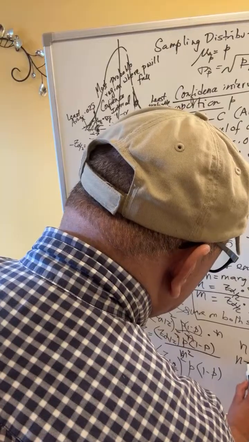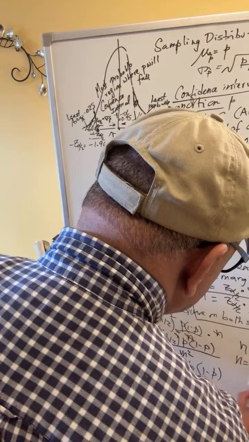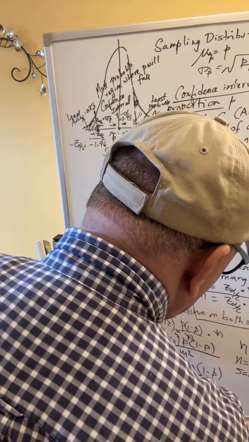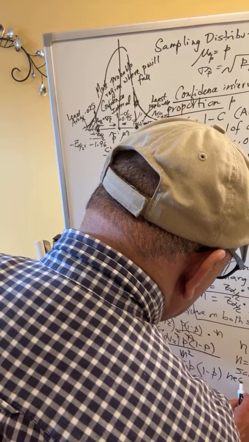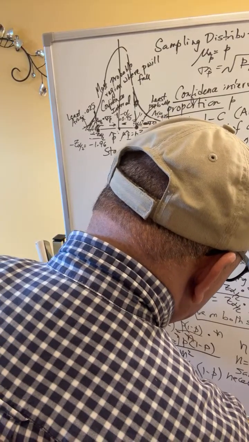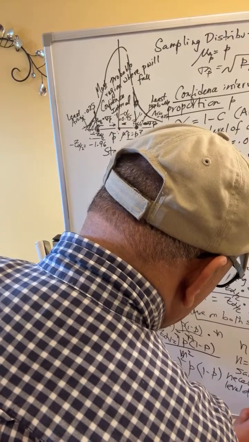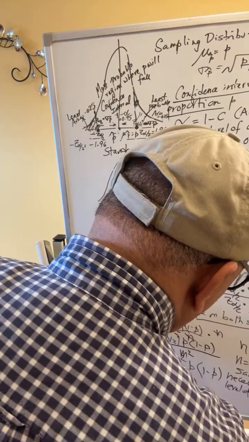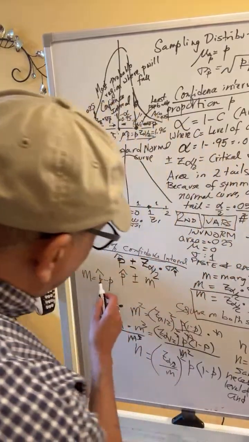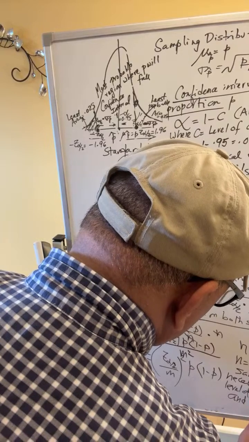N is your minimum sample size necessary for 1 minus alpha level of confidence and m margin of error, where margin of error is the difference between sample proportion and population proportion.